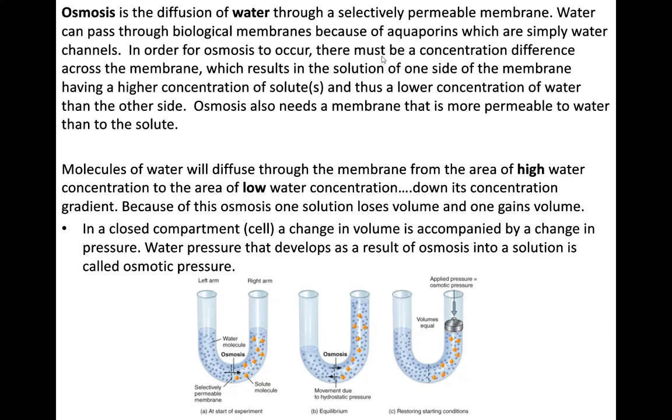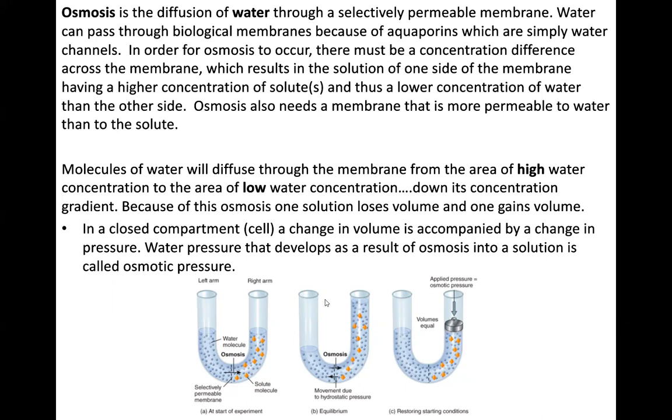In order for this to occur, there must be a concentration difference across the membrane, which results in the solution on one side of the membrane having a higher concentration of solutes and thus a lower concentration of water than the other side. Osmosis also needs a membrane more permeable to water than to the solutes. In the case of osmosis, we're moving from areas of high water concentration to areas of low water concentration, which is just down its concentration gradient.